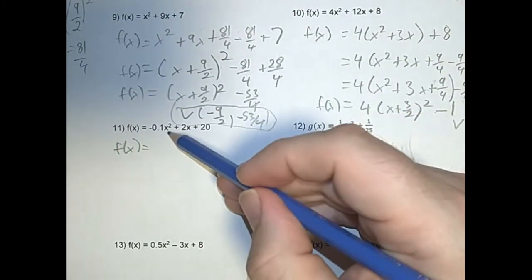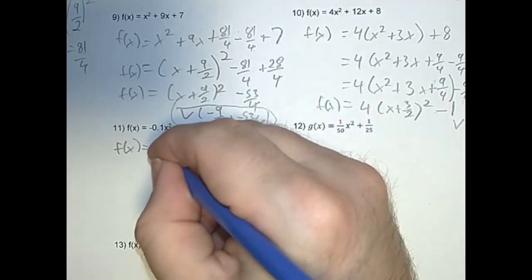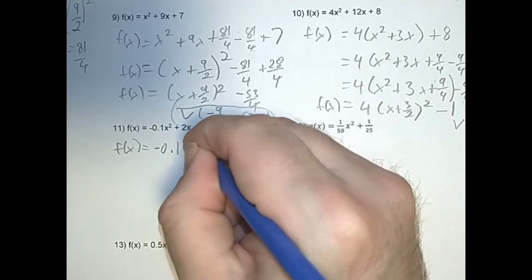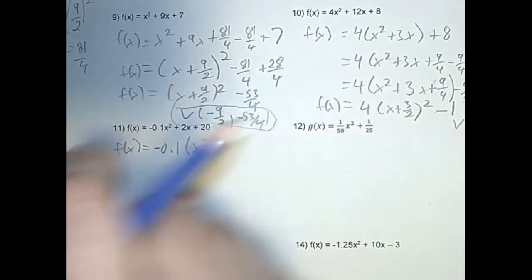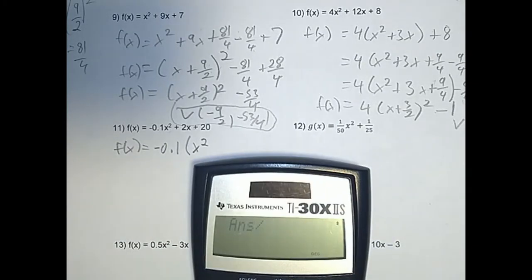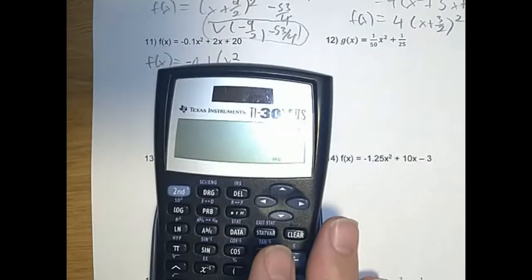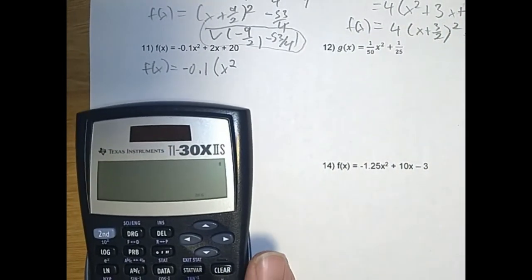Okay, so whatever the decimal is in the front, you got to divide the second number by it. So 0.1, you put x squared, and then you take your calculator. Whatever that first decimal is, you divide the 2 by it.